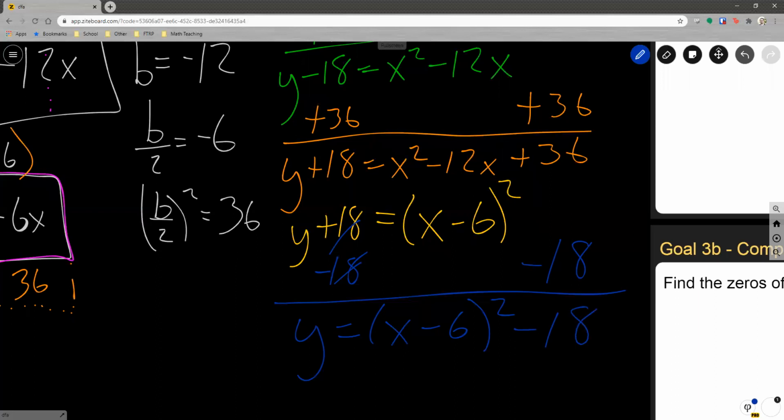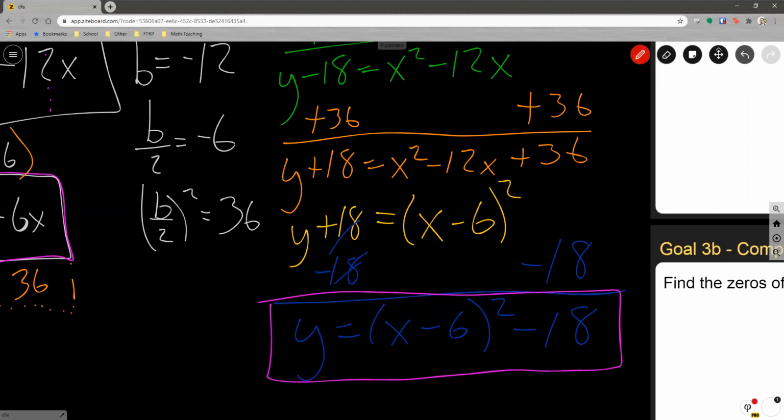Well, what do you know? Isn't that vertex form? My a value in this case is just a 1. My h value, well, if I've got a negative 6 here, that means my h value is 6. And then my k value is negative 18.